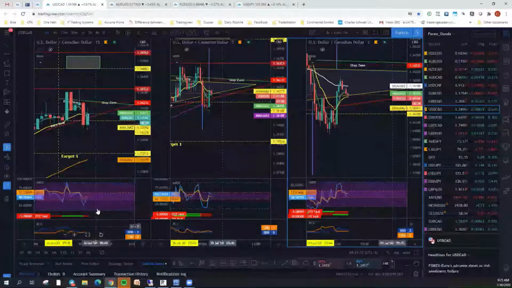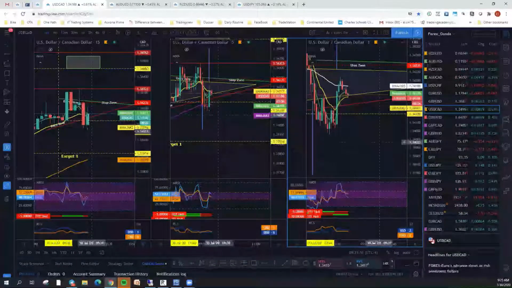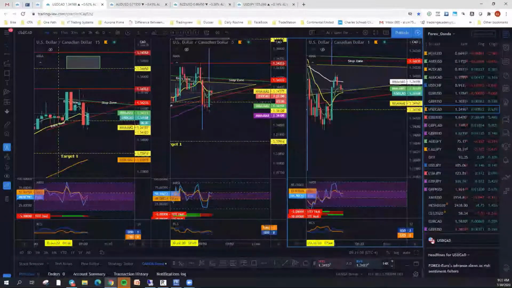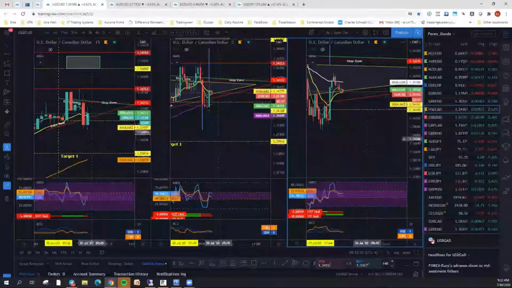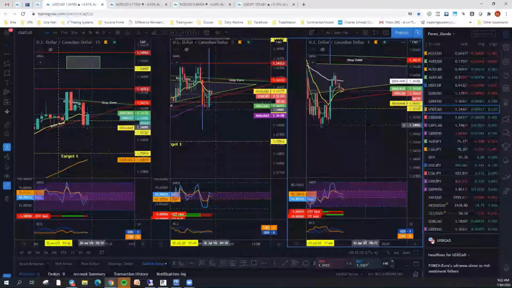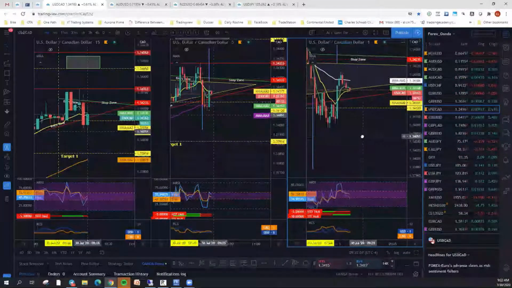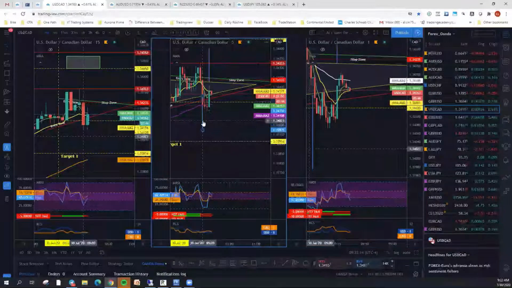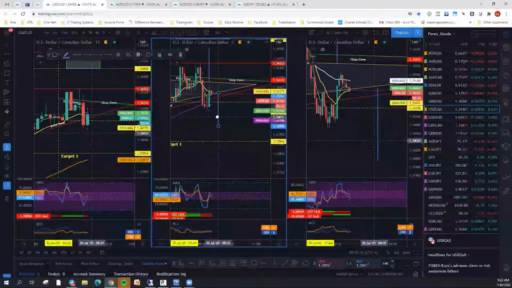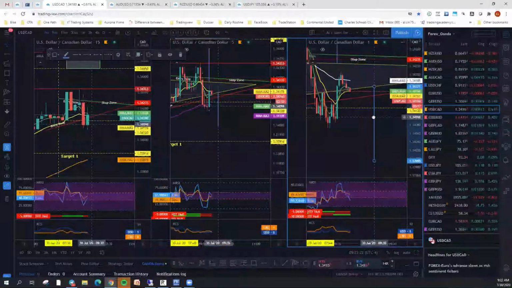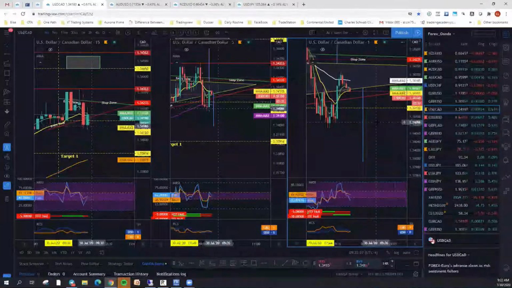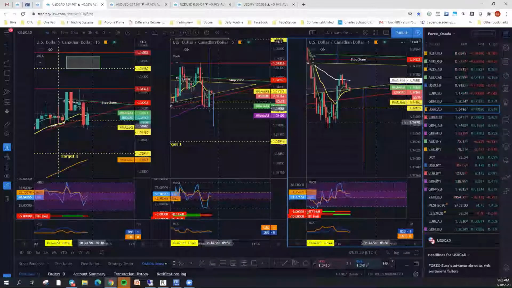All moving averages are still red on all three. We're still waiting for the third one right here. The cat is stronger on the 5-minute, but not on the 1 or the 15. And we'll see what happens in another 8 minutes.